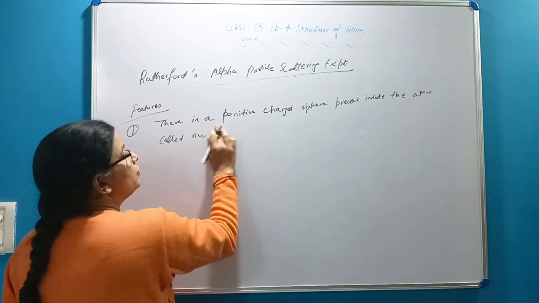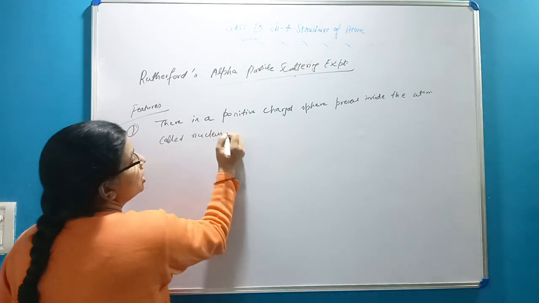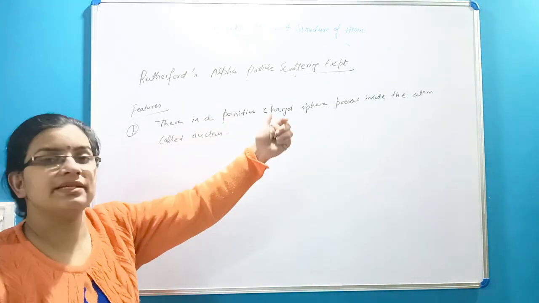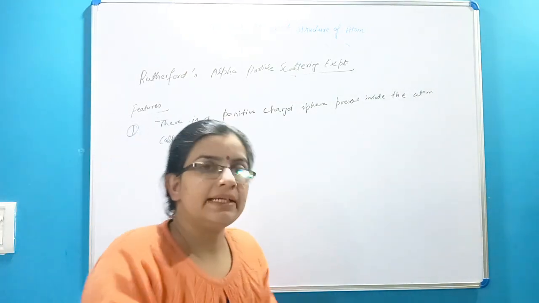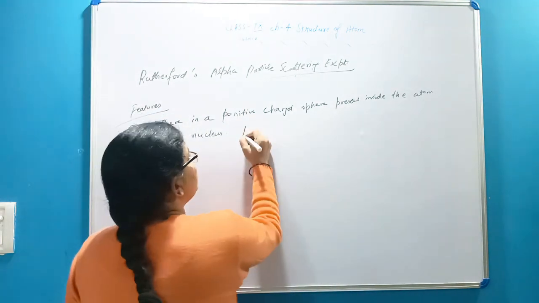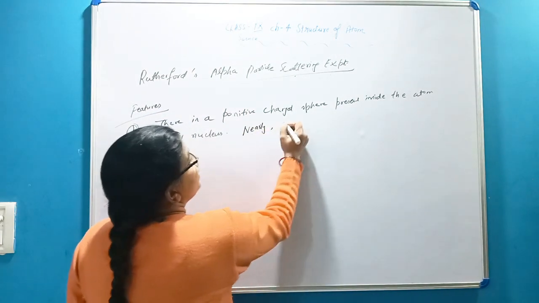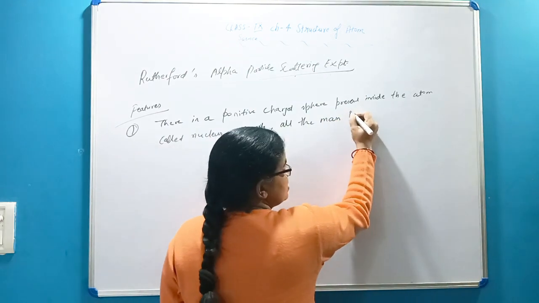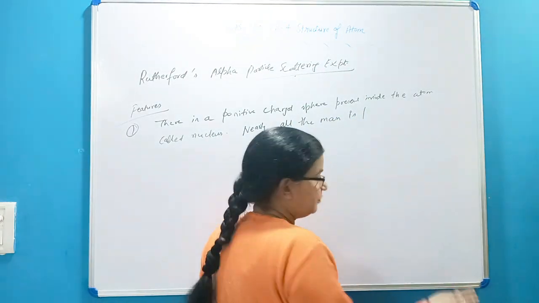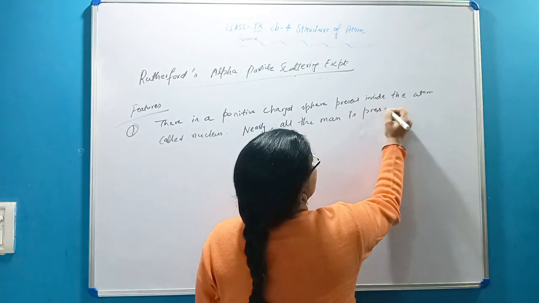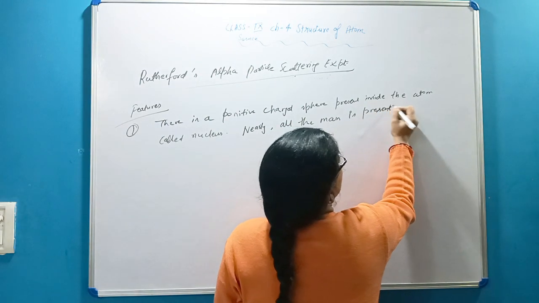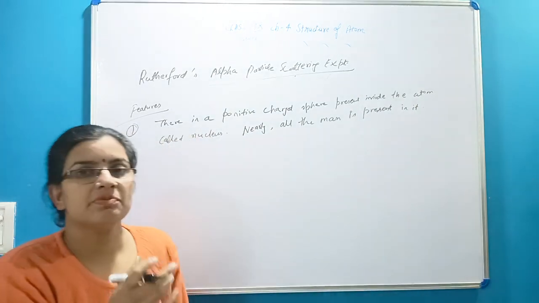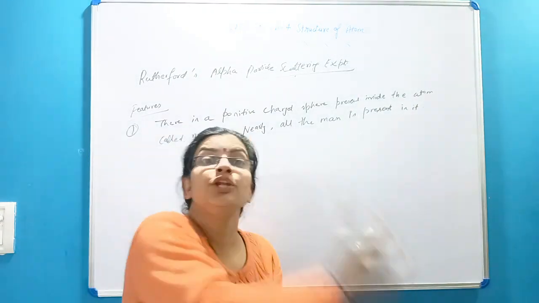As per Rutherford's conclusion, he gave the features, and the first feature was that there is a positively charged sphere present inside the atom, known as the nucleus, and nearly all the mass of the atom is present in it. That means all the mass of the atom is present inside the nucleus.